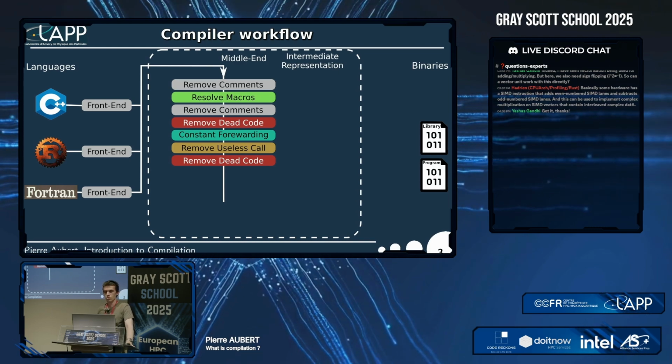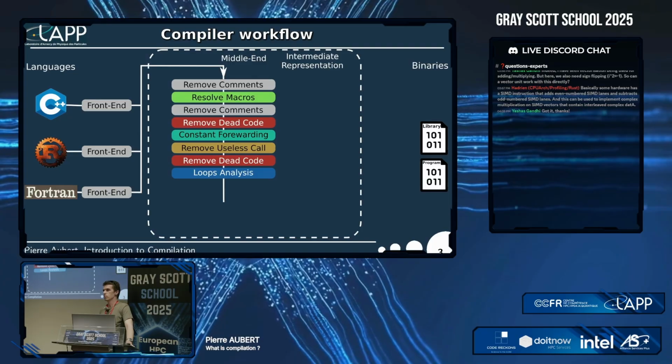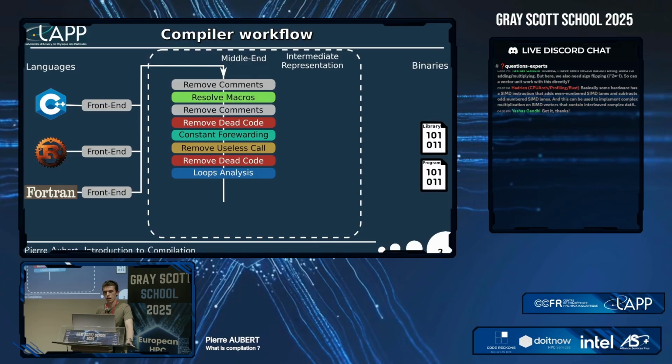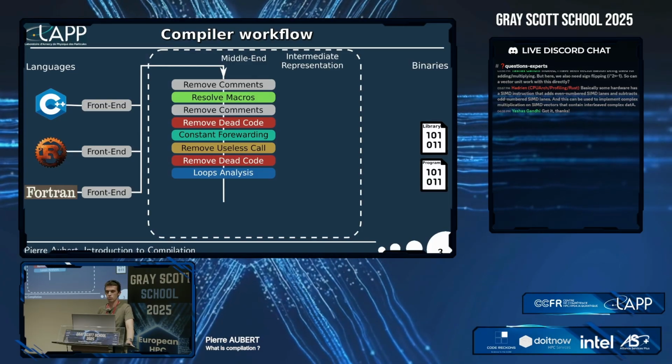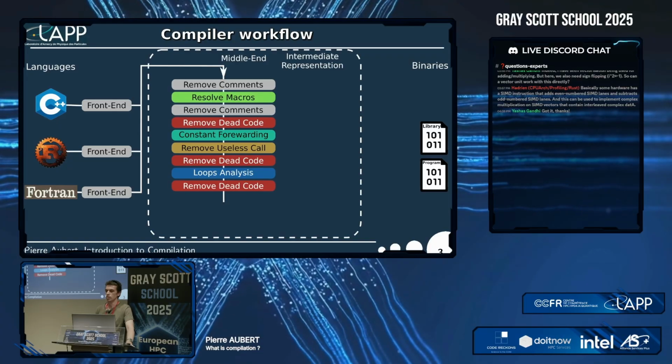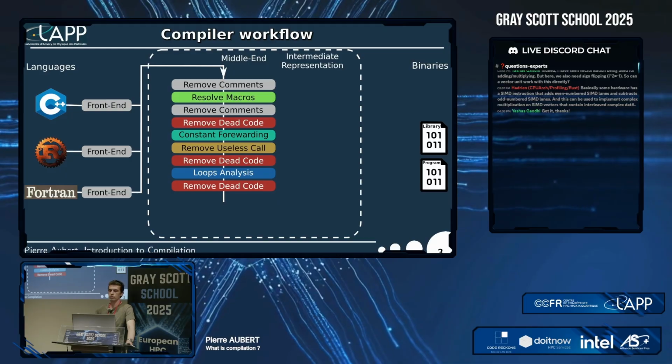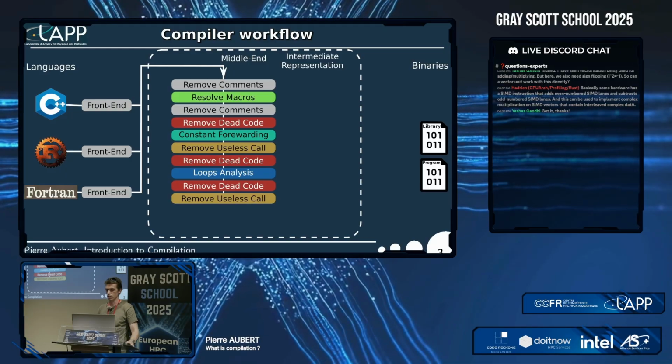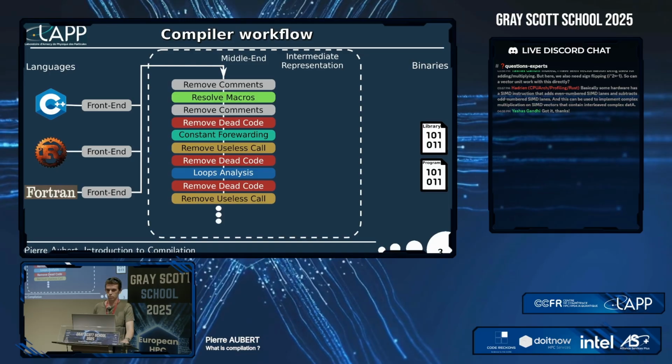And sometimes maybe you want to see what's going on in the loops themselves. And you will figure out that in fact the loop is not necessary. So you can remove the loop, for example, or you can simplify it. And you see it's a kind of recipe. And then you can also remove useless code, stuff like this. So there are a lot of passes in a compiler.